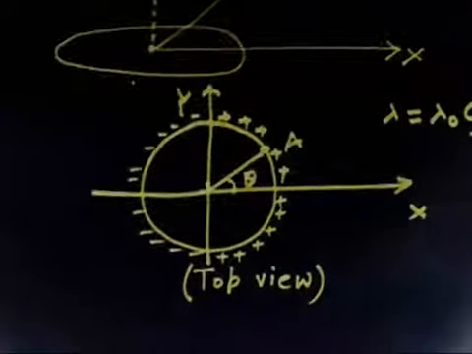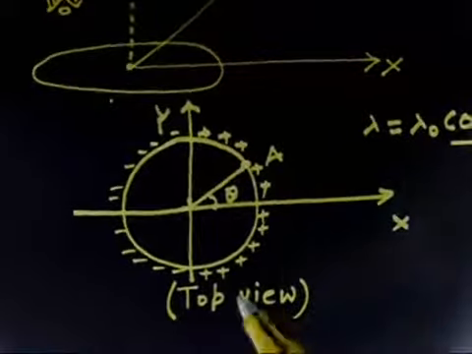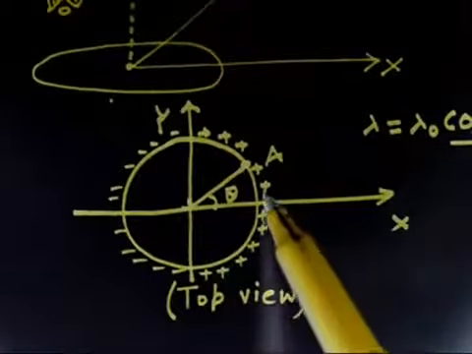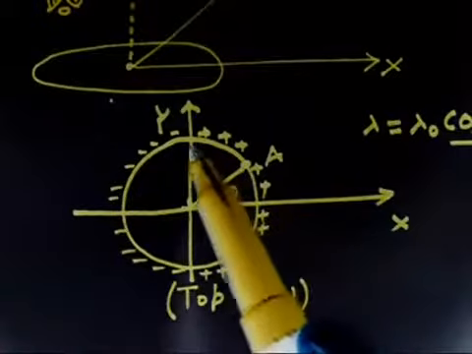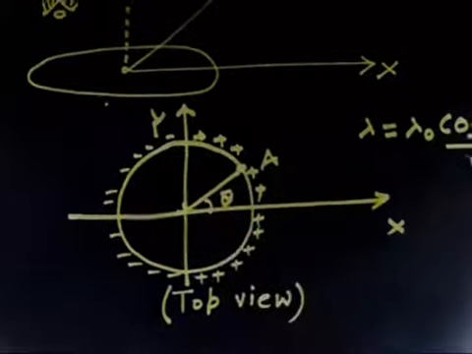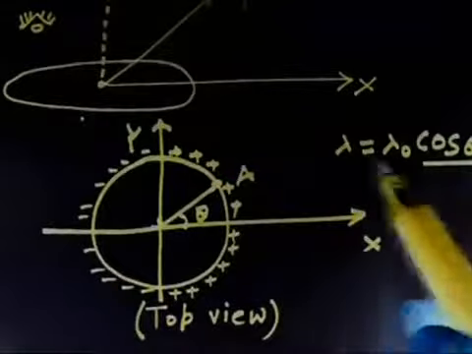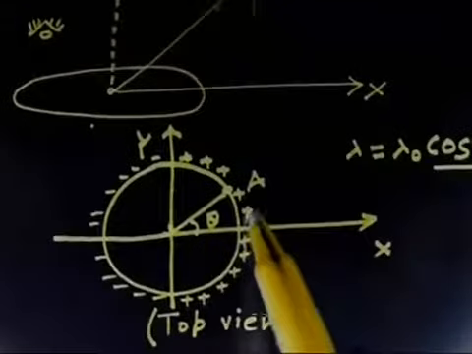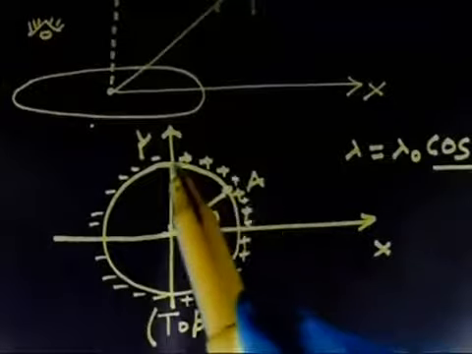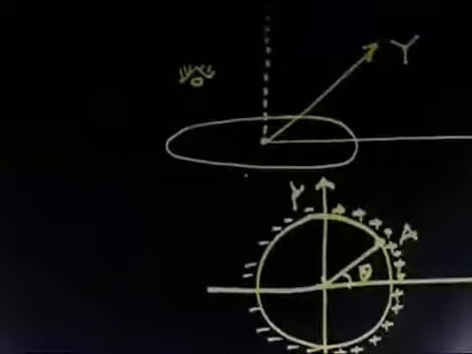And this charge is of course not uniformly distributed, because lambda varies with cos theta. When theta is 0 degrees, the charge distribution is high. When theta is 90 degrees, it is almost 0. When theta is 0, lambda is lambda naught; when theta is 90, lambda is 0. So initially we have a high charge density in this region, and it decreases and finally becomes 0.